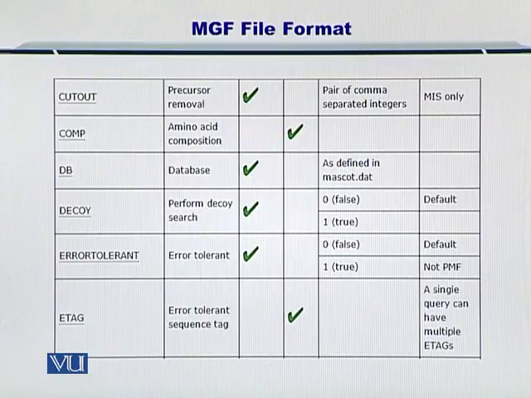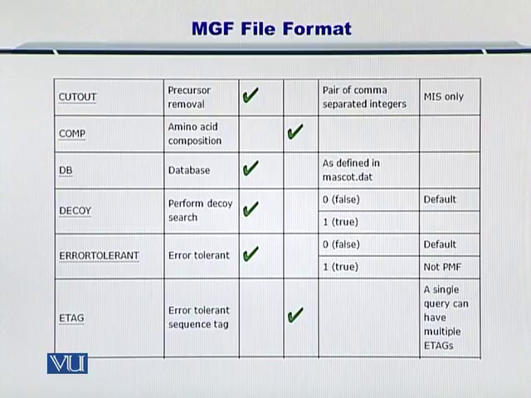Next, you can look at the cutout attribute, the precursor removal. It just gives you the precursor removal mass, the amino acid composition, and the database, that is the DB attribute. It gives you the database you want to search in your query. There is a decoy attribute as well. So if you want to perform a decoy search, then you can have data here as well.